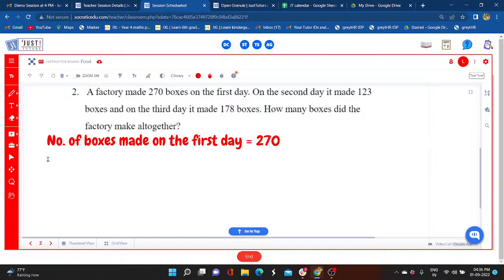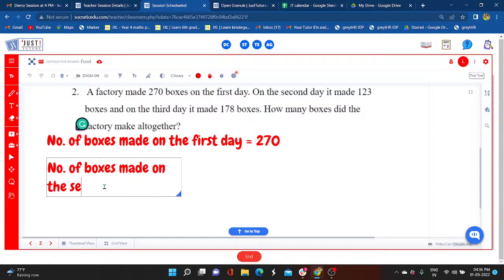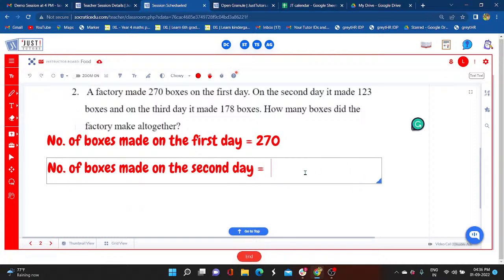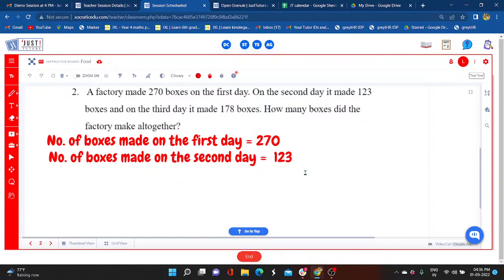Now number of boxes made on the second day are 123, right?